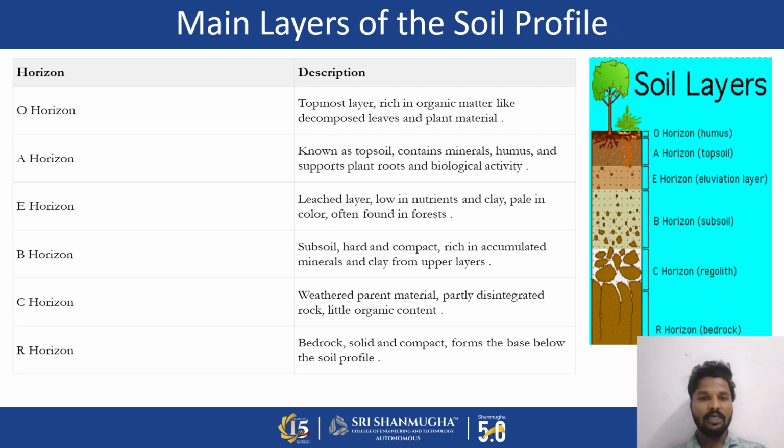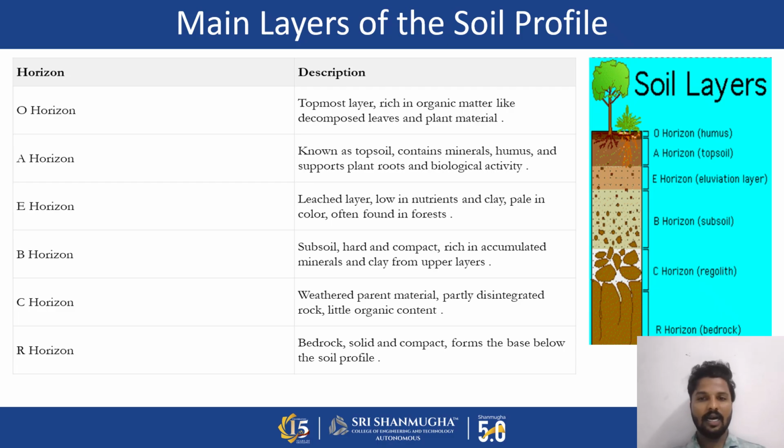Then the second one is the A horizon. It is located beneath the O horizon. The A horizon is called topsoil. It is directly beneath the O horizon or at the surface in its absence. So it is a mixture of mineral matter like sand, silt, and clay, and abundant in humified organic matter, humus.